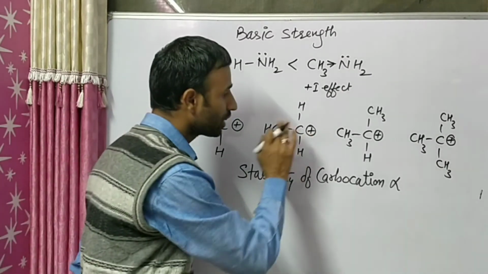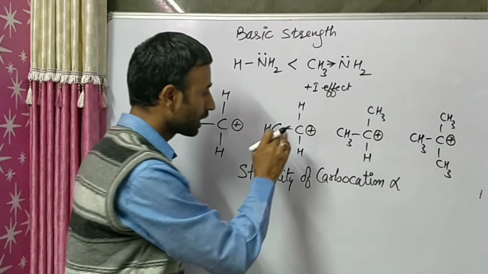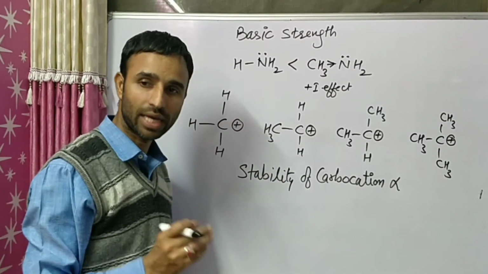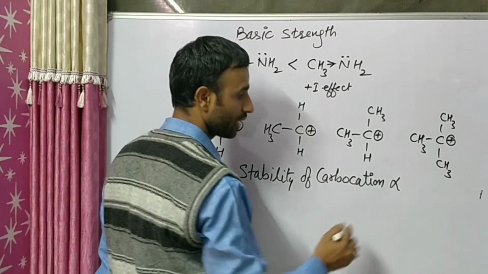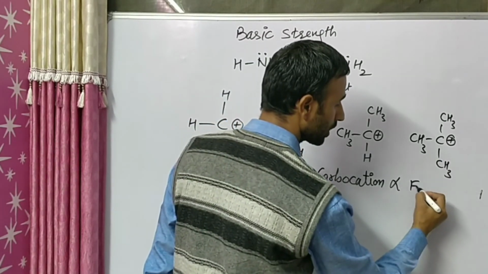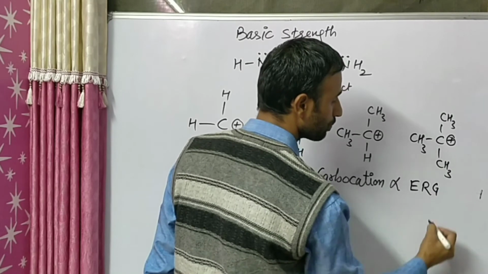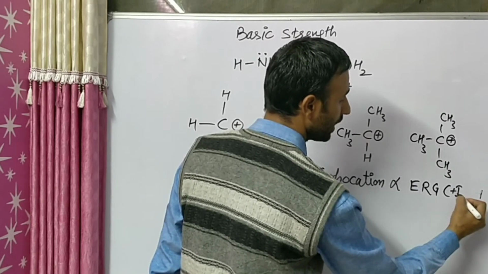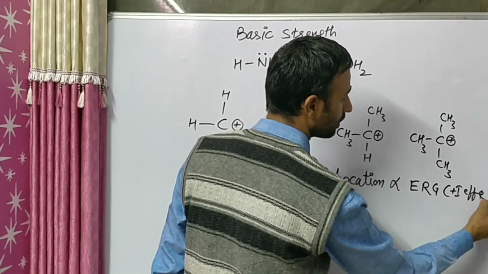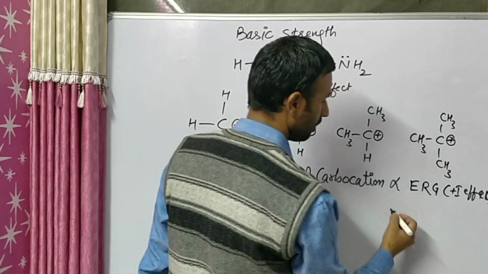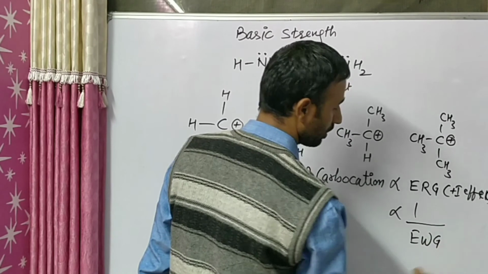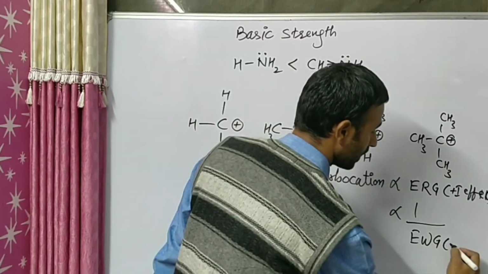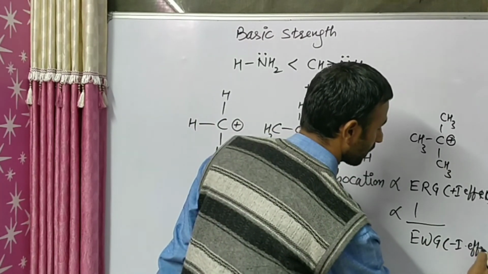Positive charge is stabilized by a negative, that is, releasing group. So the stability of a carbocation is proportional to electron releasing groups, that is plus I effect, or inversely proportional to electron withdrawing effect, that is minus I effect.